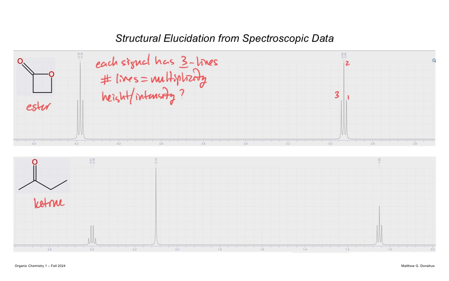So roughly looking at this first signal here, can you say anything about the height of line 2 relative to 1 and 3, if you had to guess? It's about twice the size.